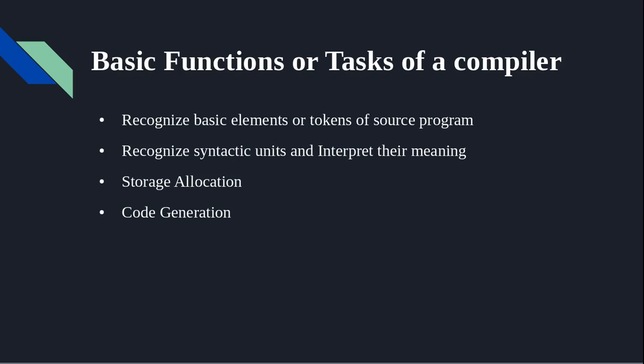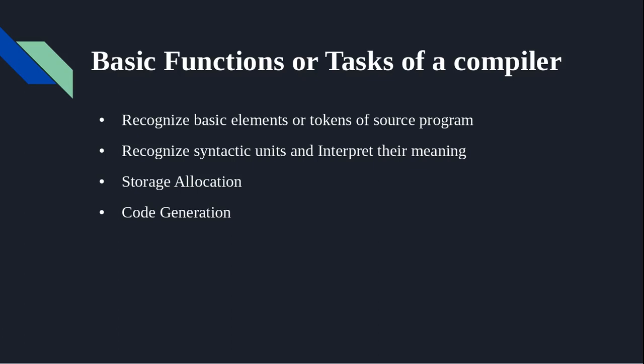So the first task of a compiler is recognizing basic elements or tokens of source program. That means the source program will be converted into a sequence of tokens or basic elements.